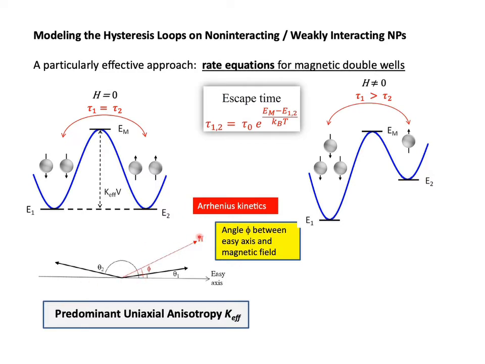Let's explain these two angles that we will find in all the modeling. Theta is the angle of the nanoparticle magnetization with respect to the z-axis, while phi is the angle of the applied field with respect to the nanoparticle z-axis.